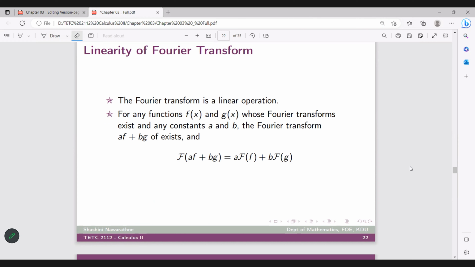That means if we have two functions f of x and g of x and two constants a and b, we can find the Fourier transform of af plus bg as a times the Fourier transform of f plus b times the Fourier transform of g. You can use this concept when solving examples.